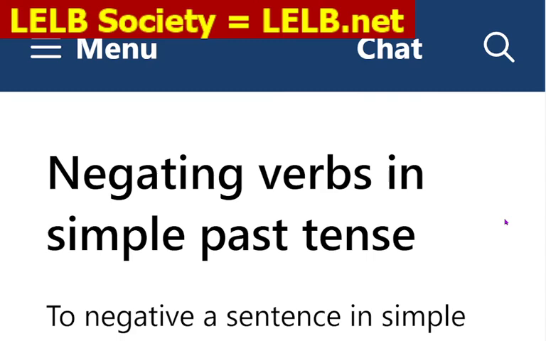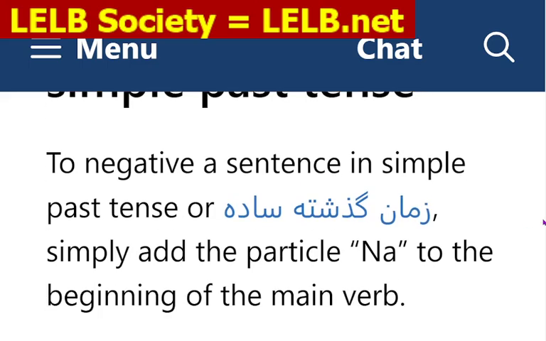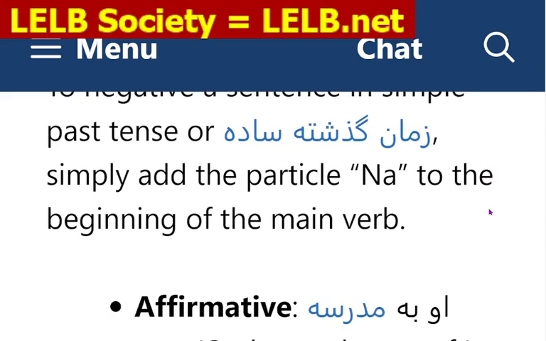Negating verbs in simple past tense. To negate a sentence in simple past tense, or زمان گذشته ساده, also, if you click on this hyperlink you will find an exclusive lesson on زمان گذشته ساده, or simple past tense in Farsi. Simply add the particle na to the beginning of the main verb.